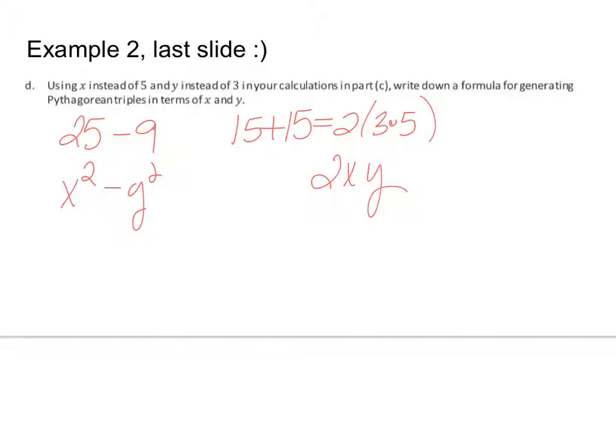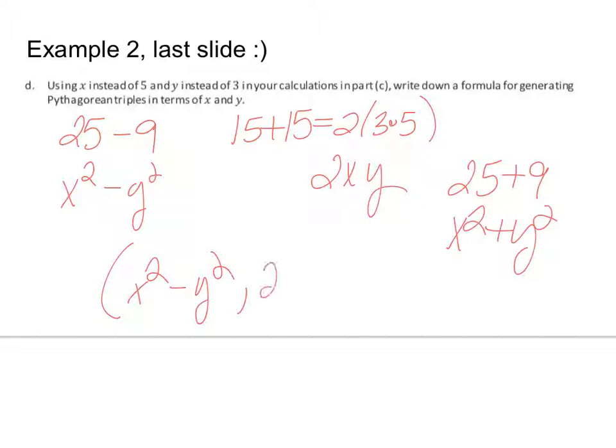The last calculation I had was 25 plus 9, which is x squared plus y squared. Do you see the pattern now? It's sort of cool how it all worked out. So the Pythagorean triple can be generalized and generated by x squared minus y squared, 2xy, and x squared plus y squared. That's so cool.